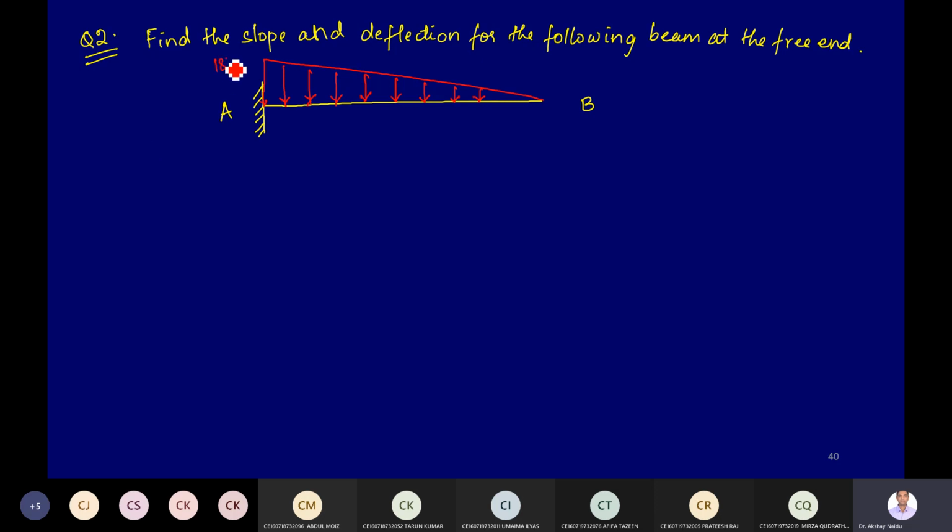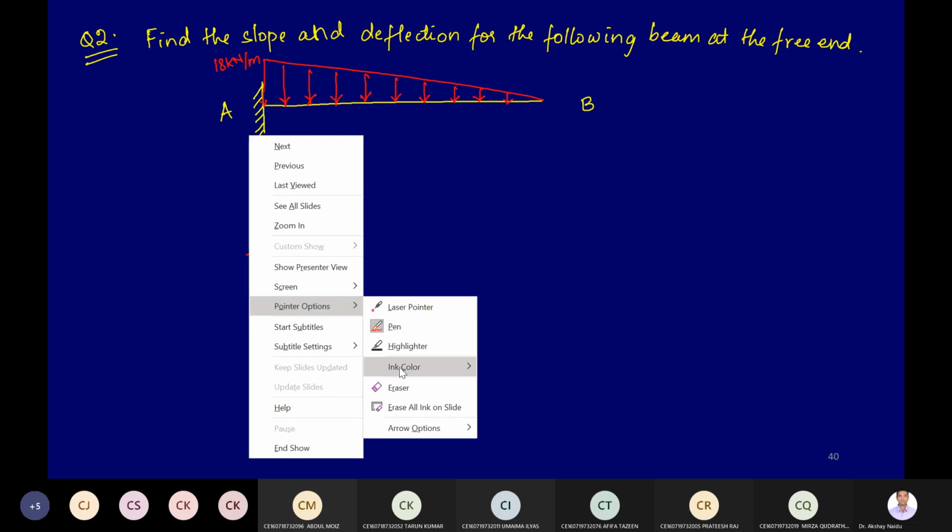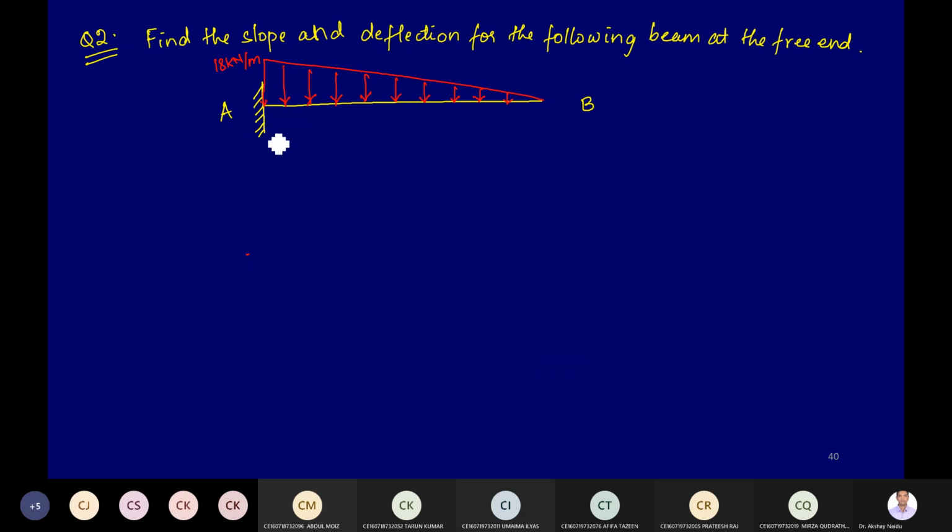It is 18 kilonewton per meter here, and it is 0 at B. And the length of this beam is 3 meters. And given EI is equal to 40,000 kilonewton meter square.